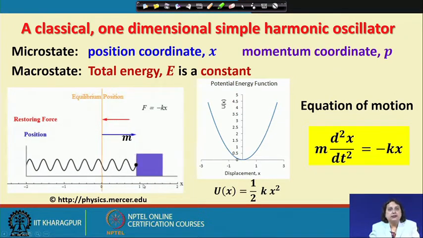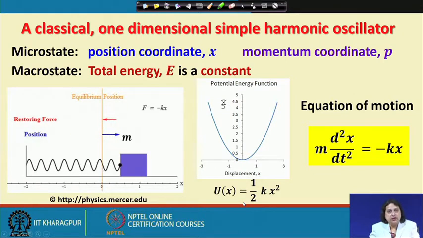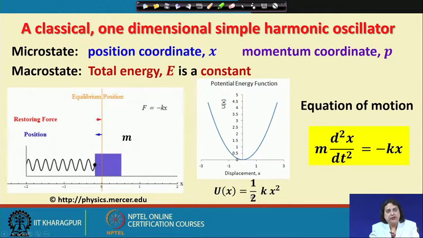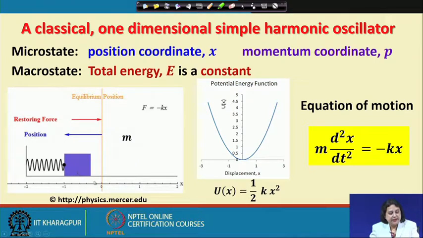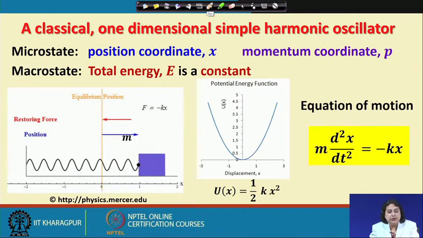Now, here I know that by my definition this particular mass is under the influence of a potential energy function, which is given as U(x) equal to half k x squared. Here x is the displacement in its position coordinate from its mean position at x equal to 0. Then I would say that there will be a restoring force acting on this particular system, which when the system undergoes a large displacement takes it back to its equilibrium position.